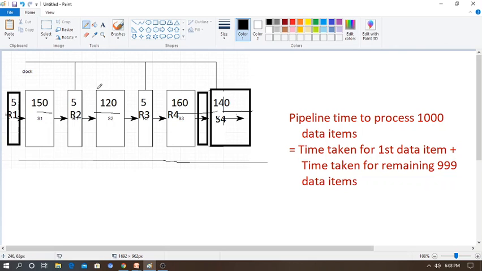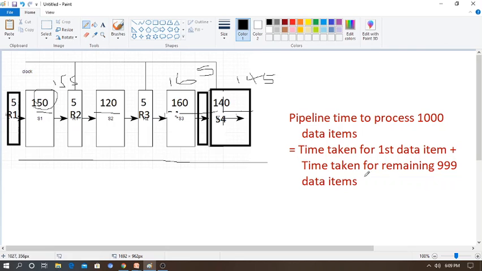If you want to find the total time taken for the pipeline, S1 takes 155, S2 takes 120 plus 5, which is 125, S3 takes 165, and S4 takes 145.